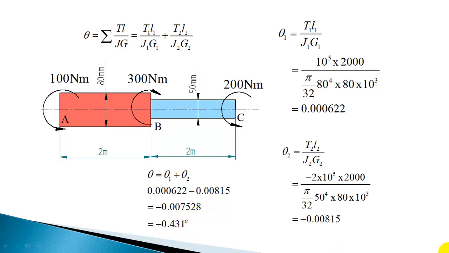Once you multiply with 180 by pi, you will get minus 0.431 degree. The resultant twist will be anti-clockwise, because we have used the sign convention minus as anti-clockwise and plus as clockwise. So since the resultant twist is minus, the total angular twist is anti-clockwise, and it is 0.431 degree.